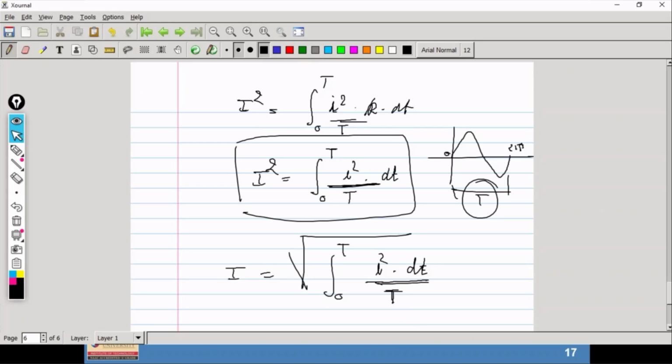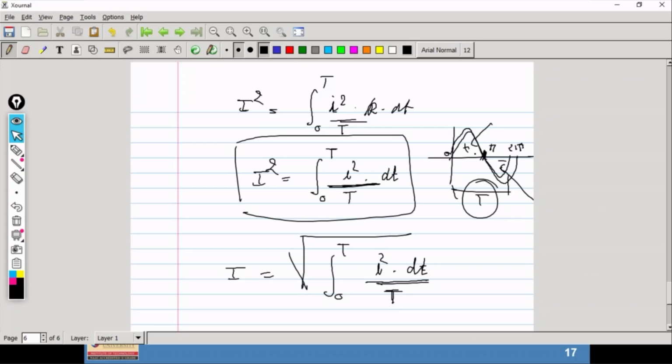So you have to observe what kind of time period is required for a given waveform. Suppose it is a full wave and a symmetrical waveform. Then we know that for a symmetrical waveform, the positive and negative halves would be equal.